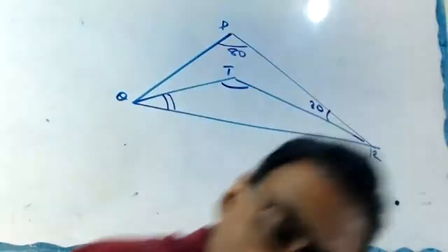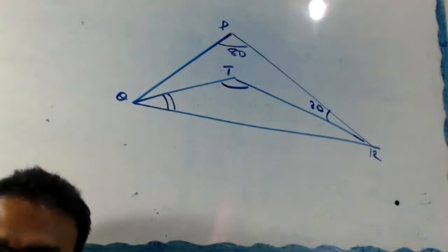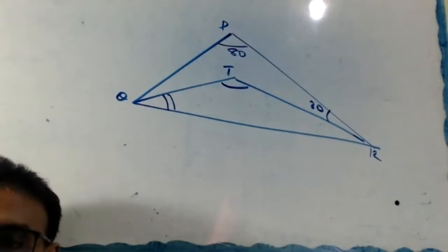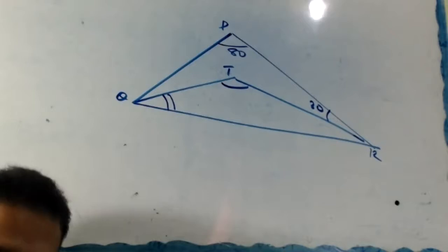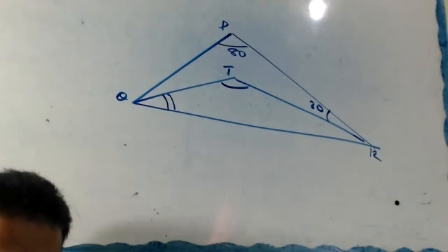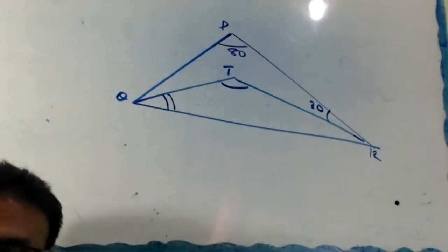Okay. I'll read the question again. Listen here. In figure, TQ and TR are the bisectors of angle Q and angle R respectively.